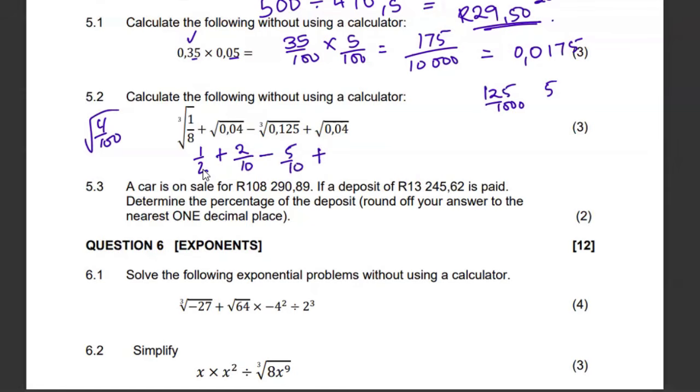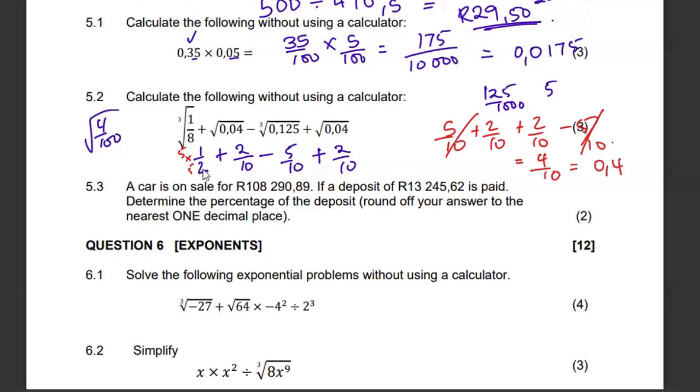Plus, now we have this again, which is 2 over 10. So we can make the denominator the same as 10, times 5 times 5, so I have 5 over 10, plus 2 over 10, plus 2 over 10, minus 5 over 10. Meaning this 5 over 10 cancels the 5 over 10. I am left with 2 over 10 plus 2 over 10, which becomes 4 over 10, which is 0,4.